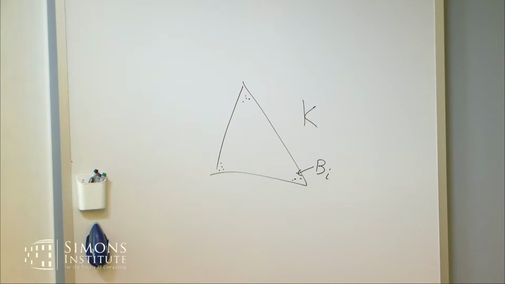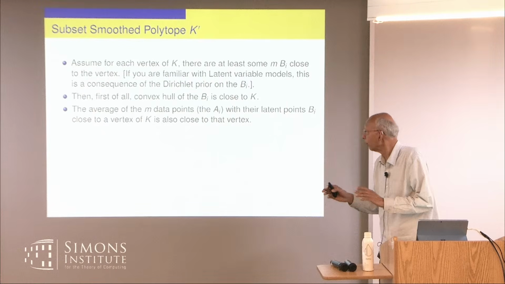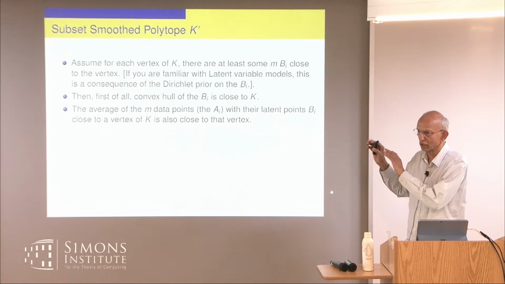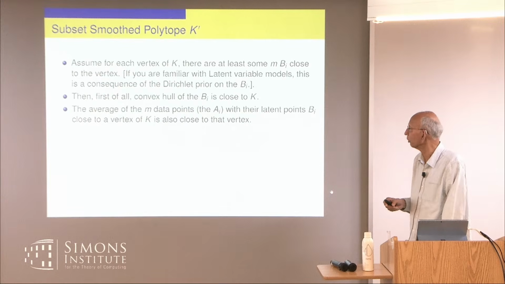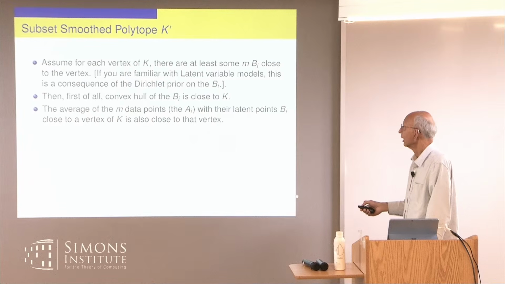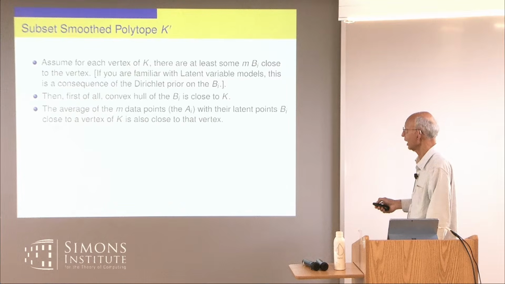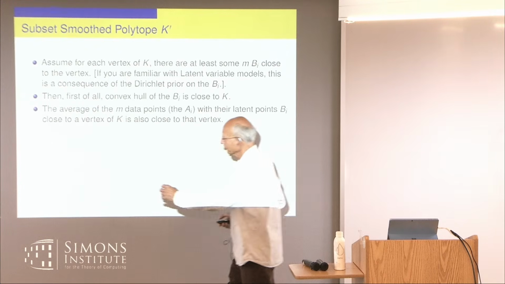Sorry about the technical details I didn't put in, but I'm hoping to give you an intuitive idea of the main tools. The average of the m data points, the AI with the latent points close to BI, is close to a vertex of K. That's what we are saying here.